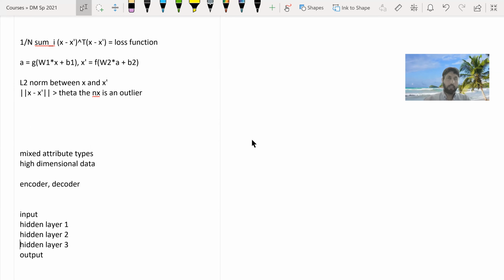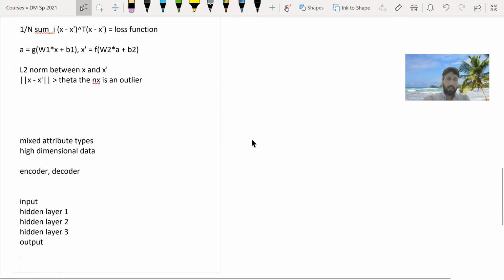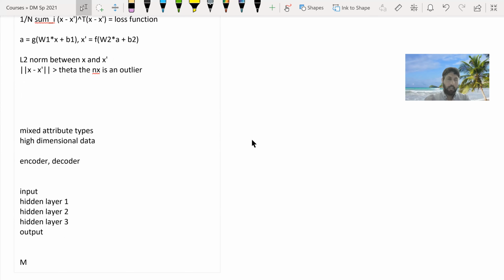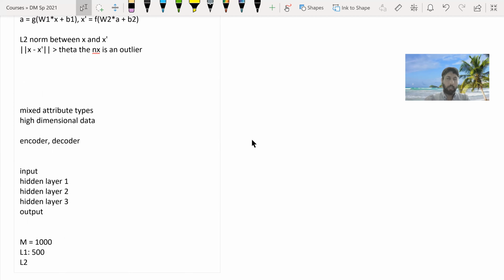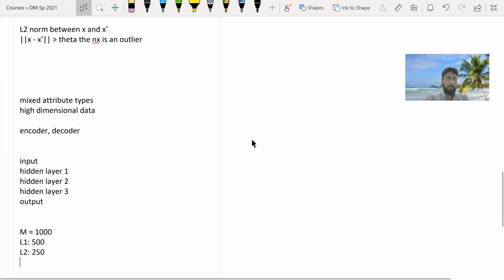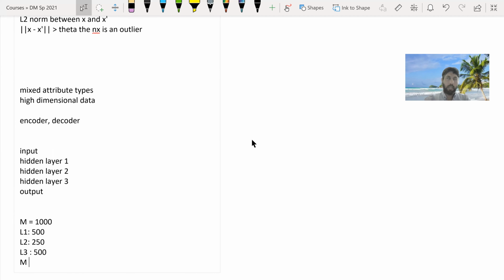So in other words, hidden layer 2 would be the smallest layer. So you had M originally, let's say M is 1000. After that L1, let's say you come to 500, L2 you come to 250, then L3 again 500, and then of course M at the end, 1000.